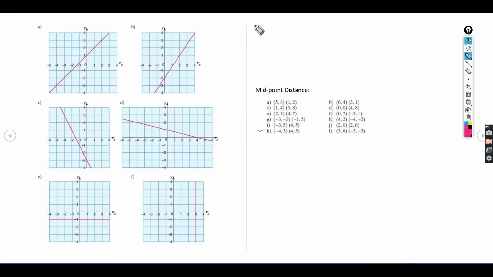So if we take values A to be -4 and 3 and B to be 4 and 5, let's solve it over here. So again, we already know the formula: x1 minus x2 the whole square plus y1 minus y2 the whole square, everything under root.